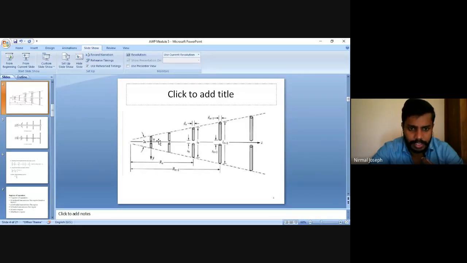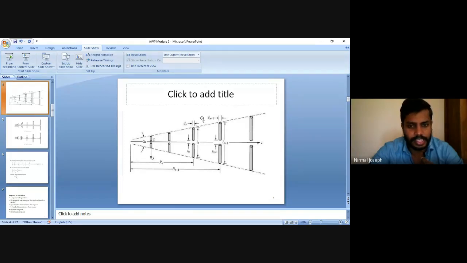Then as the length increases, L becomes comparable to lambda by 2. That is the loaded region inside the first classification. Inside the inactive region, when L becomes comparable to lambda by 2, that becomes the loaded region.